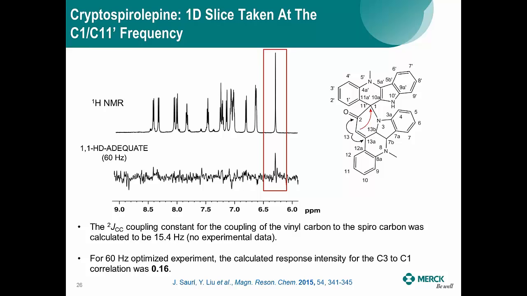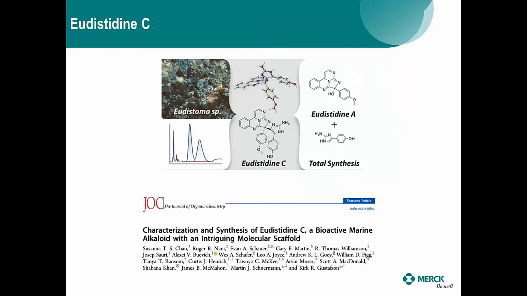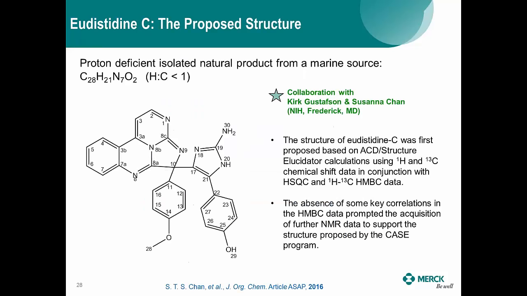All right, so let's jump into another complex alkaloid that we were working with. This alkaloid is a marine alkaloid by the name of Eudistidine C. And here what happened is that they proposed a structure. This is, by the way, a collaboration with Kirk Gustafson and Susanna Chan from the NIH in Maryland.